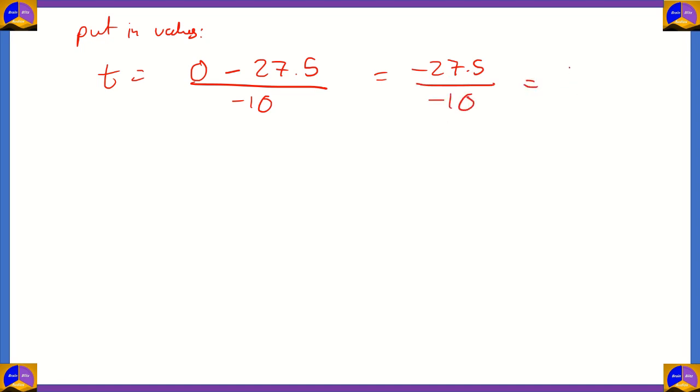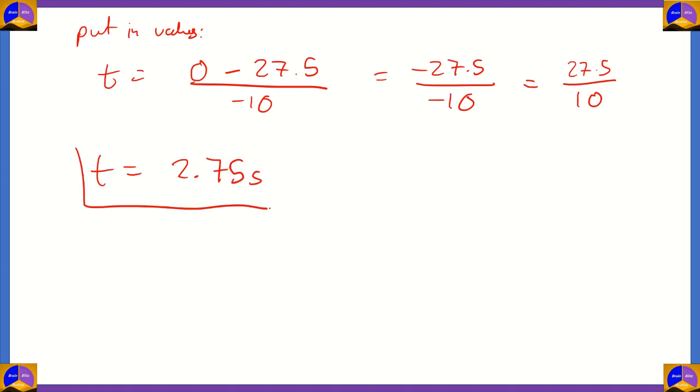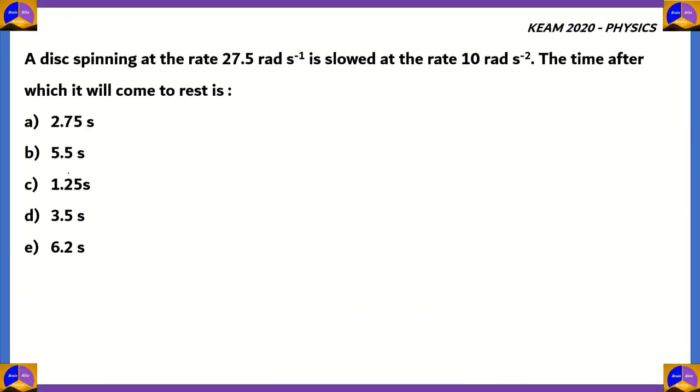Both negatives cancel, so you get 27.5 divided by 10, and the time is 2.75 seconds. So the time it takes to stop a disk moving at 27.5 radians per second, at an acceleration of minus 10 radians per second squared, is 2.75 seconds. Therefore, the correct answer is option A, 2.75 seconds.